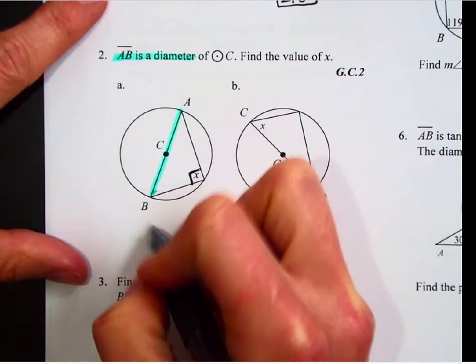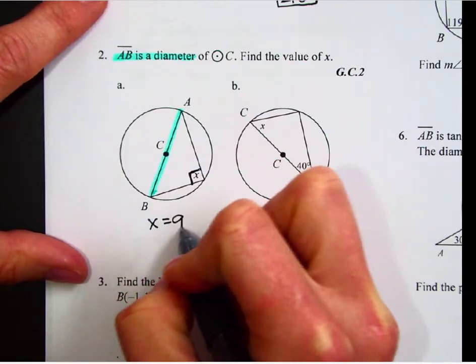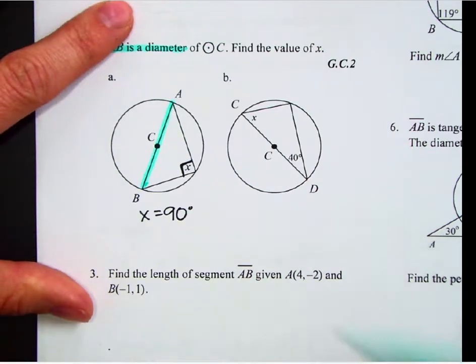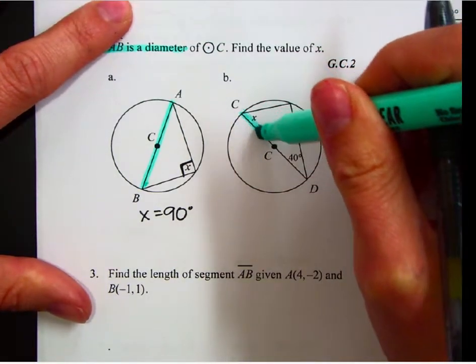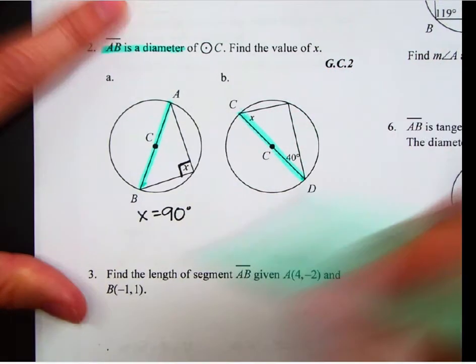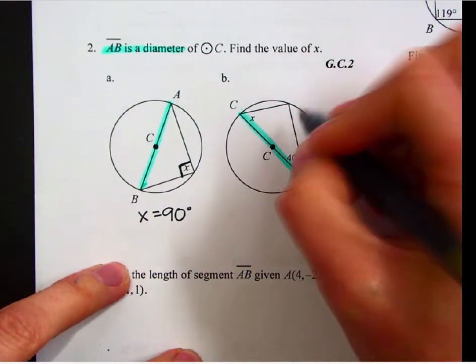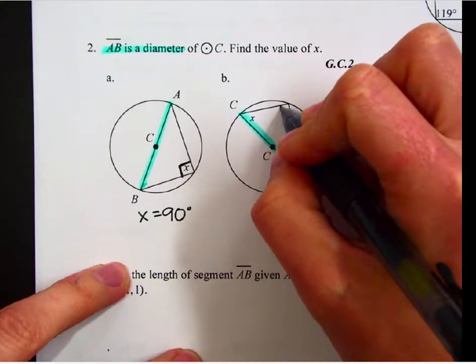So right here, x is equal to 90 degrees because that's the measure of a right angle. And then over here, again, this is the diameter. So for our inscribed triangle, the diameter is going to be the hypotenuse for the right triangle.